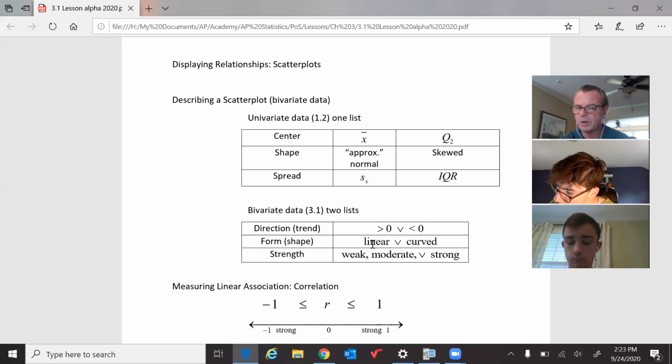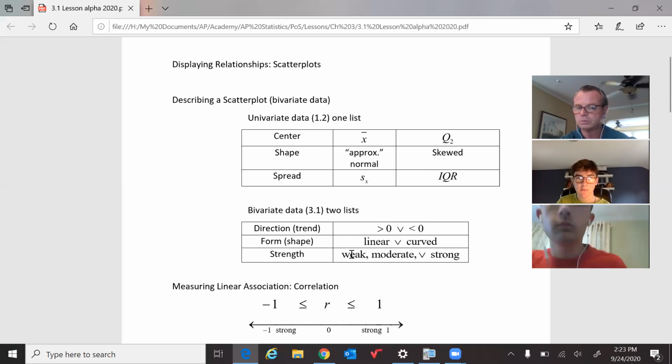Center and spread go out. Instead, we talk about direction. Are the values going up? Are they trending up? Are they trending down? And we talk about strength. Weak, moderate, strong.